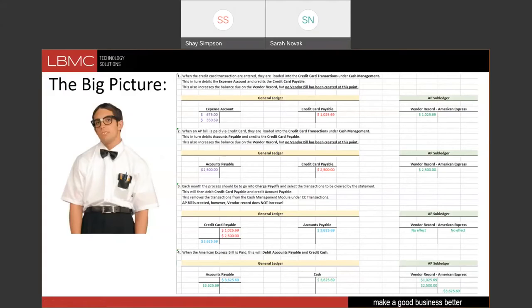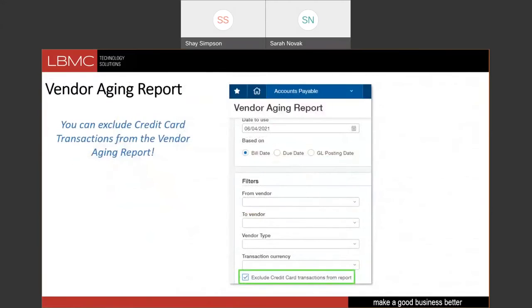Okay. All right. So in looking at our vendor aging report, we can exclude credit card transactions from the vendor aging report, which is great. This came out, I want to say maybe it was in R4 of 2020.